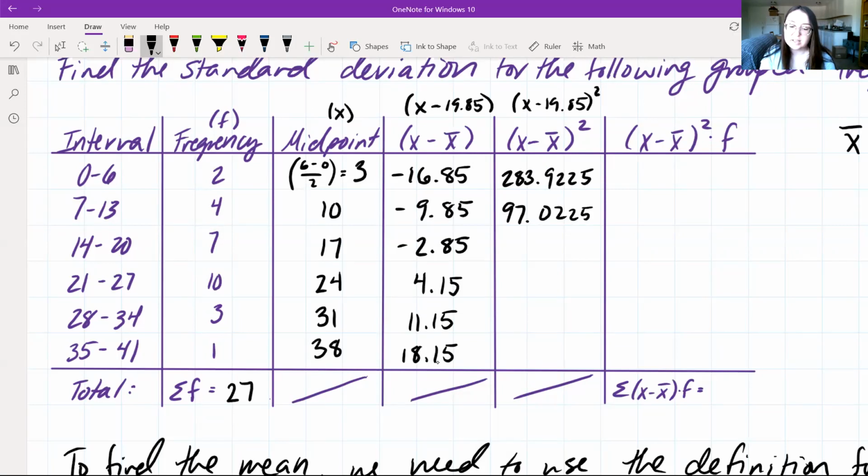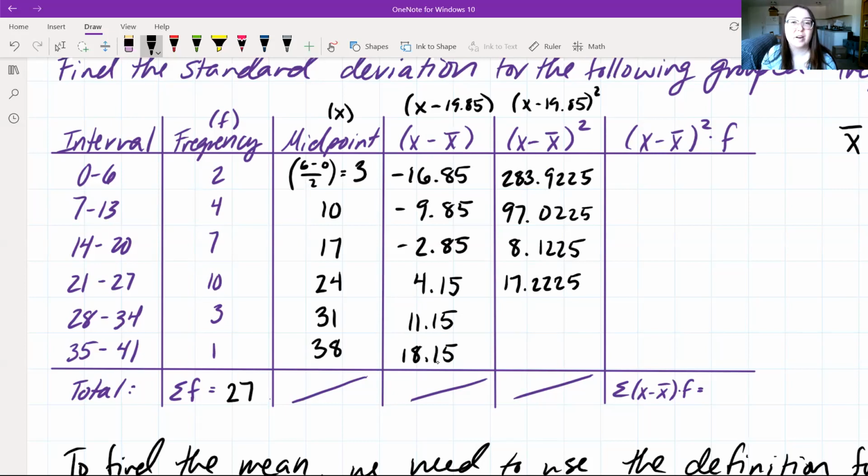When we do this, we're going to get 97.0225. Then we're going to square negative 2.85. That's going to be 8.1225. Then we want to square 4.15, which is going to be 17.2225.